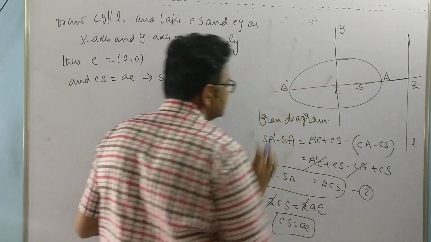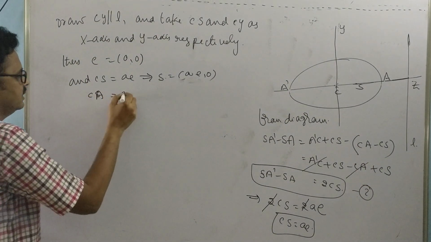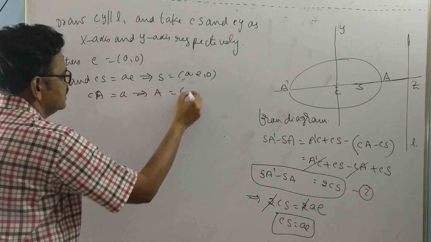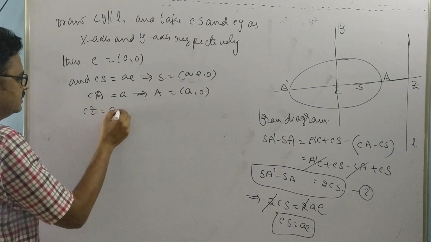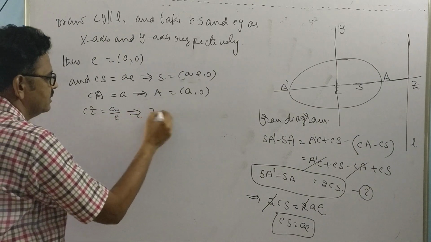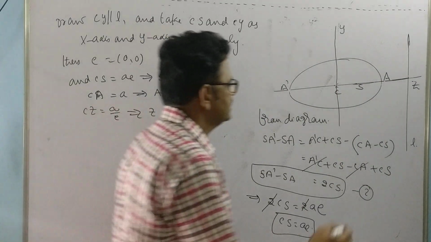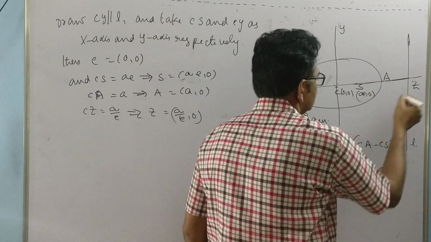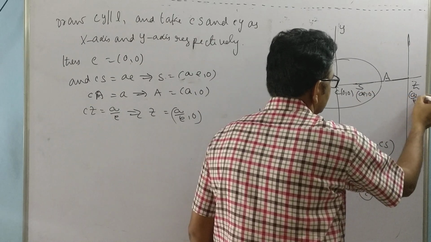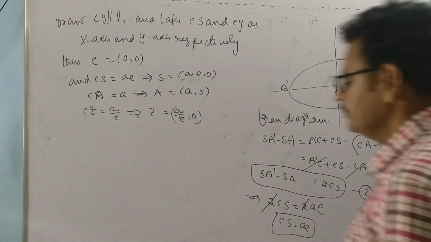So A coordinates are A, 0. And CZ is equal to A by E, which implies Z coordinates are A by E, 0.